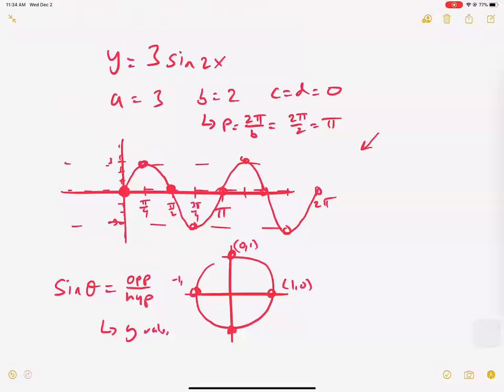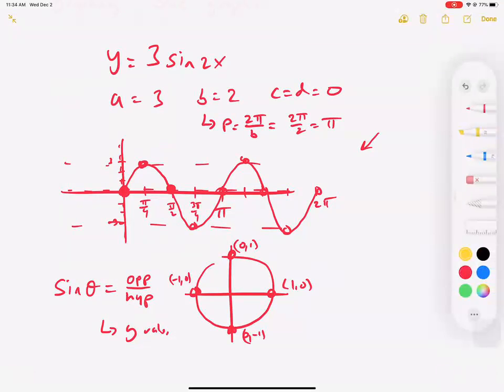This is negative 1 over here, 0, and 0, comma negative 1. To highlight this, our y value for sine is 0, 1, 0, negative 1, and then back to 0. So as we go around the circle, we go 0, 1, 0, negative 1, 0.